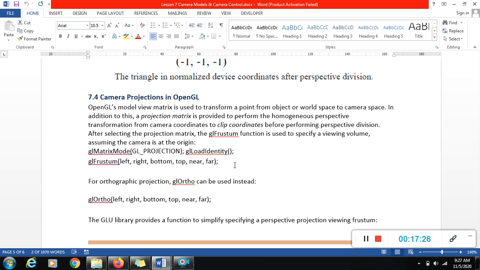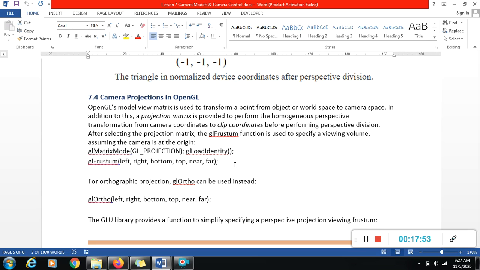But the space within which it exists is what you're calling the graphic space, and you need to bring it from the object to the world space, which is basically 3D, to camera space, so that it can be viewed as though a camera is taking a photo or a video of it. In addition to this, a projection matrix is provided to perform the homogeneous perspective transformation from camera coordinates to clip coordinates before performing perspective division.